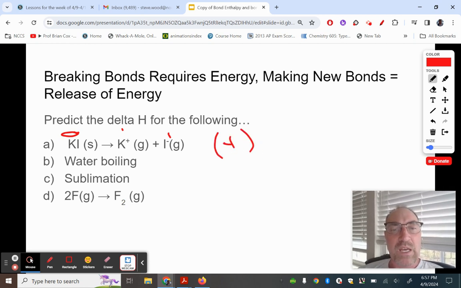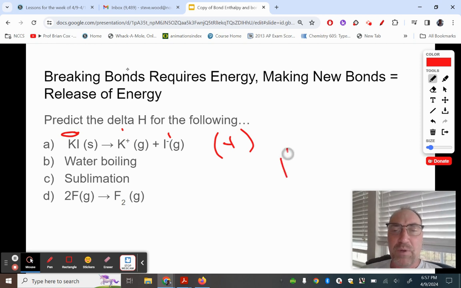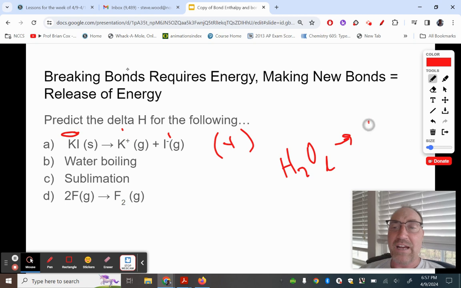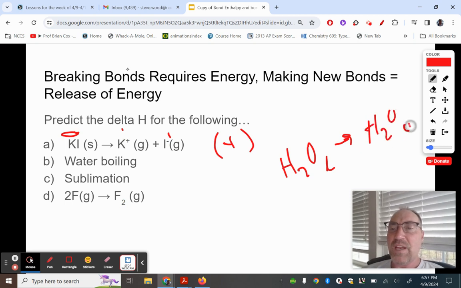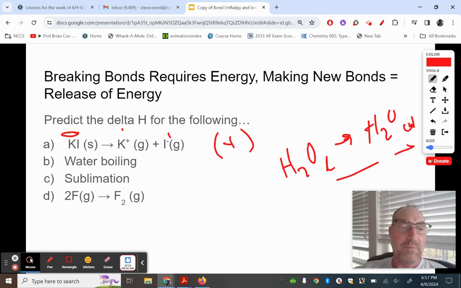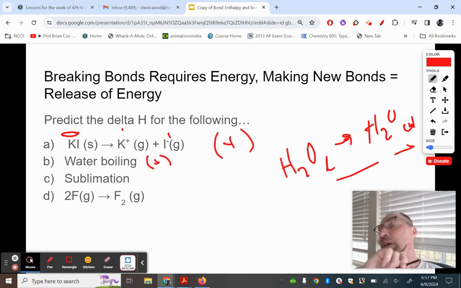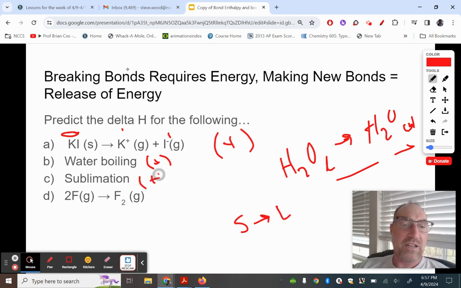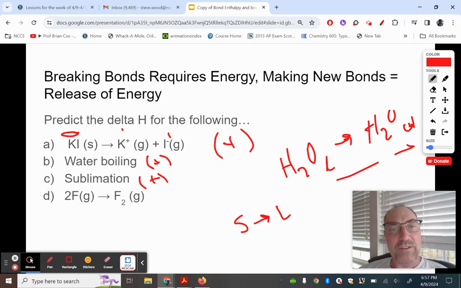And when you go from liquid H2O to a gas, you have to break bonds to go up. So this would also be positive. And when you go from a solid to a liquid, this is also going to be positive. It's going to take energy. So anything that requires energy is positive.